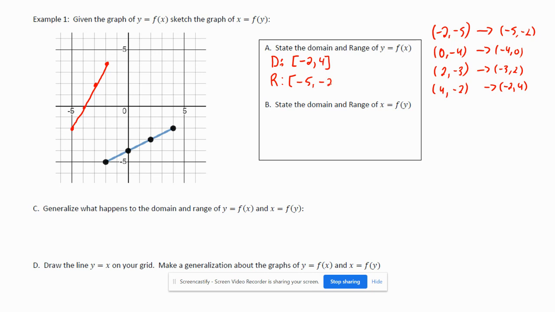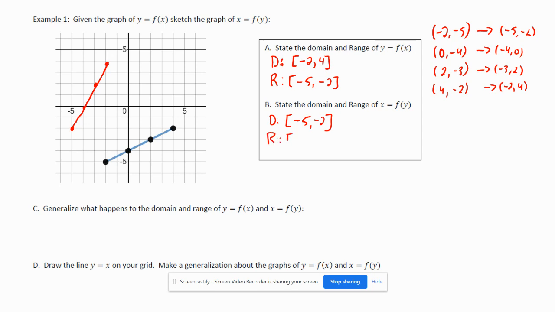-5 to -2. Now looking at my red graph, which is my inverse, state the domain of x = f(y). So this is the inverse function. Our domain of the inverse starts at -5 and ends at -2. The range goes from -2 and ends at 4.